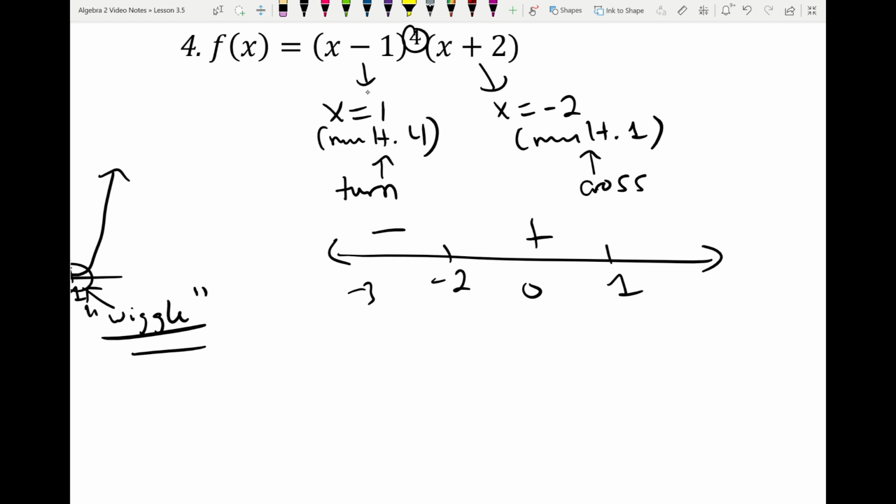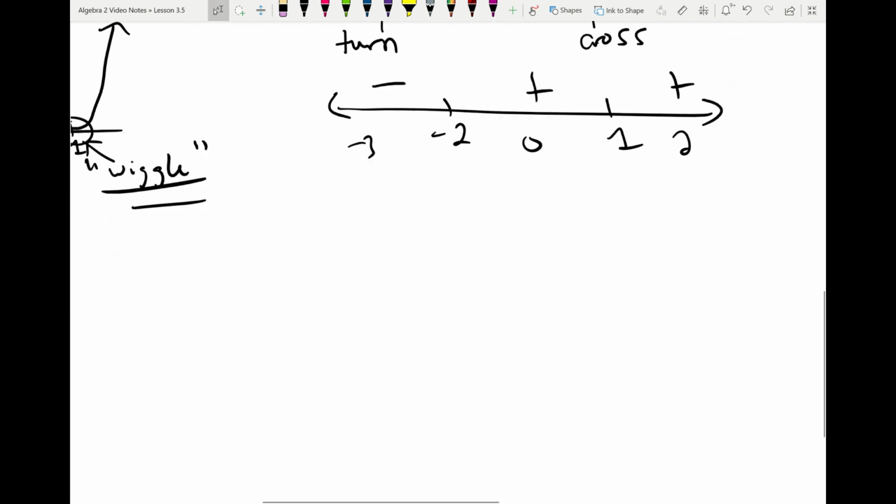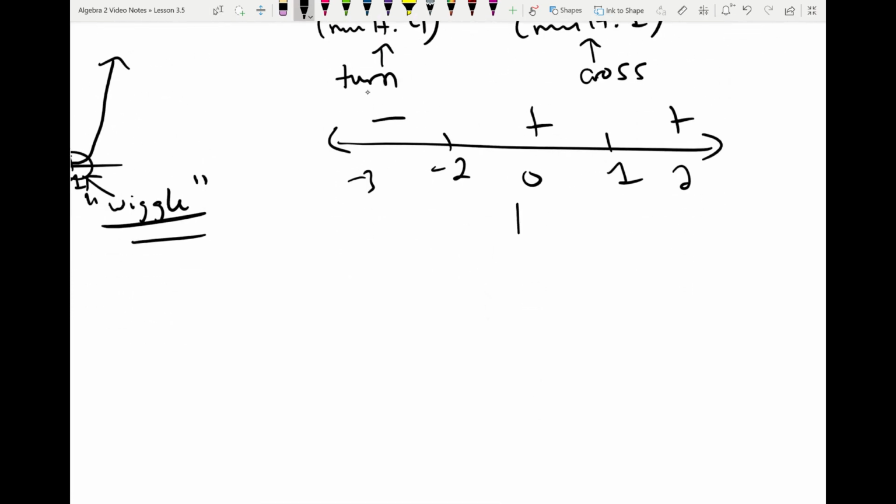And then now let's plug in like 3. Or like 2, let's do 2. 2 minus 1 to the 4th, 2 plus 2. So we have positive times a positive, which is a positive. All right, so now we can kind of graph this.